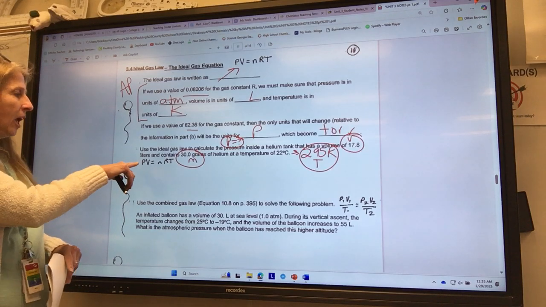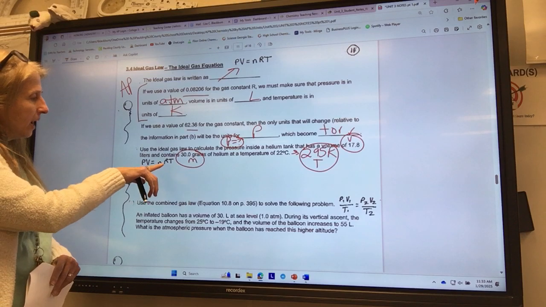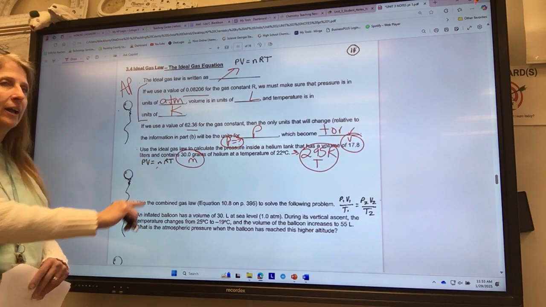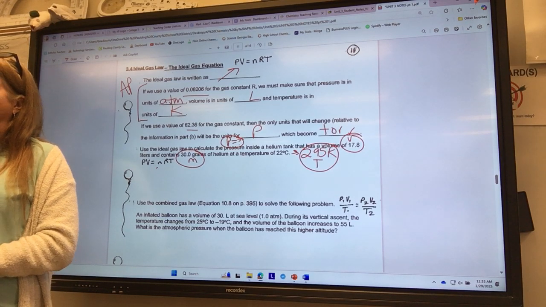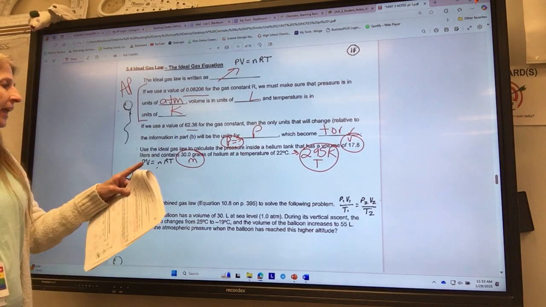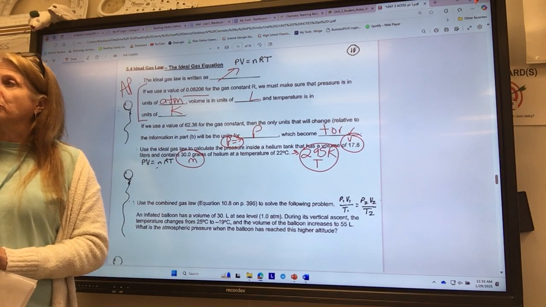What do I have? Look, pressure is my question mark word. I have volume. I've got my constant up there. And I've got the temperature. What do I not have? N. What does N stand for? Number of moles. A lot of times in math, N stands for number, which is kind of funny because it's all numbers, right?